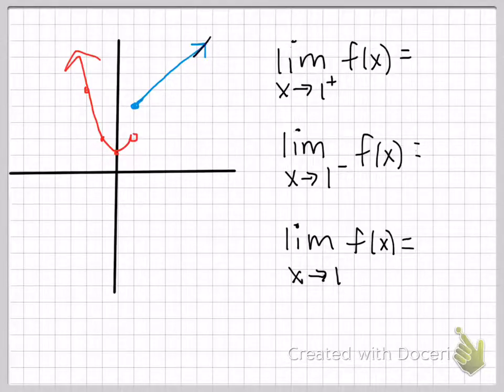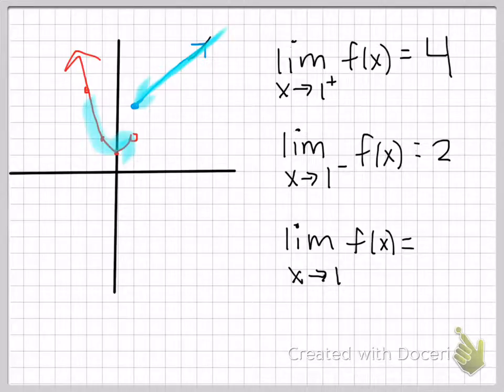As I get closer and closer to the right, notice the y value that we are approaching is 4. As I approach 1 from the left, traveling on this piece, my y value is approaching 2.